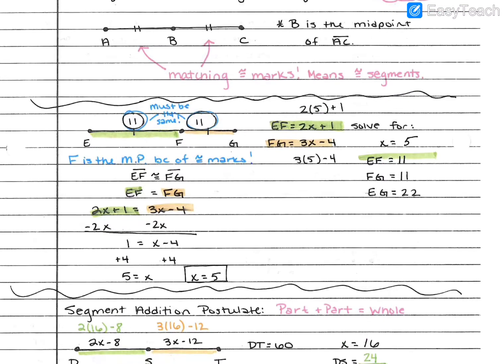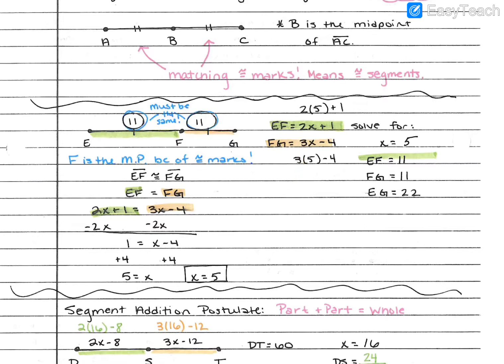All right. So here's an example of how we would solve a problem. I believe this picture is what is given. They gave us EF and then FG, and those marks were there, which made us know that they were congruent. They told us EF was this expression and FG was this expression. So they gave you these two expressions, and we have to solve for X first.